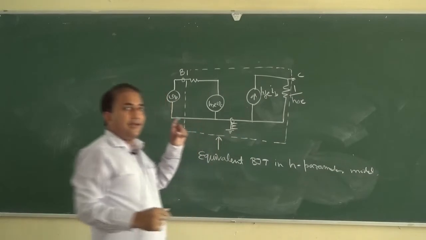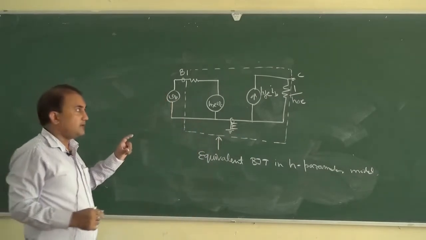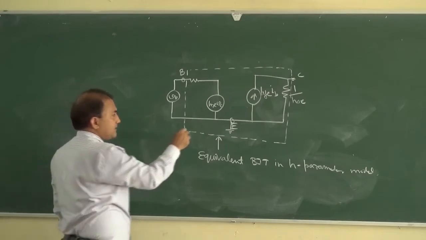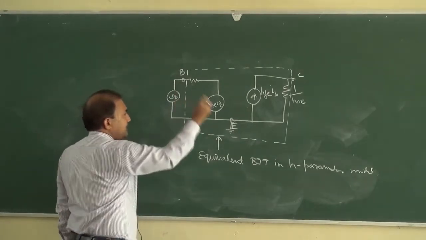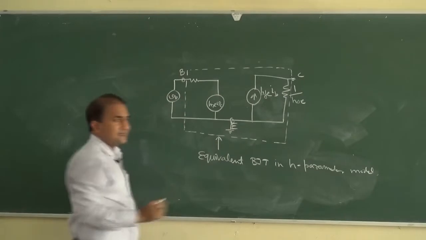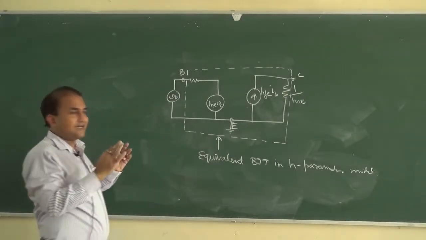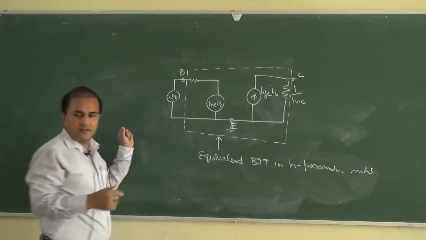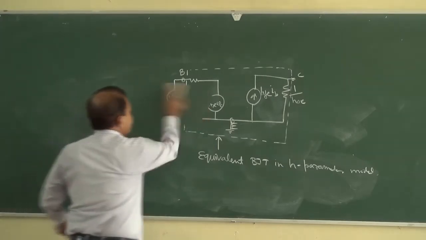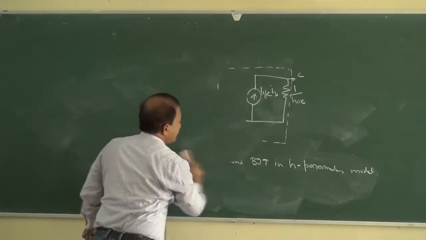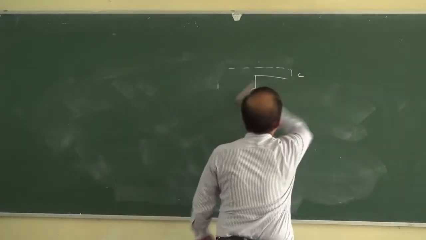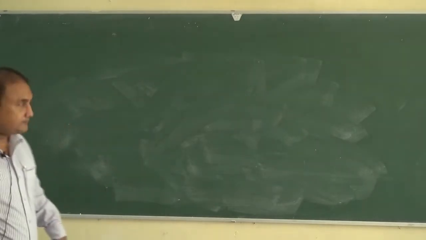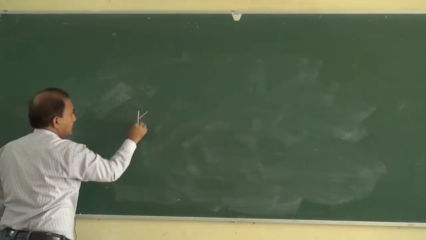So in AC model representation of the BJT, we can represent it like this. This is the base terminal, emitter terminal and collector terminal. So we can represent the BJT with its H parameter model like this. Okay, so we will analyze the various parameters for this circuit.